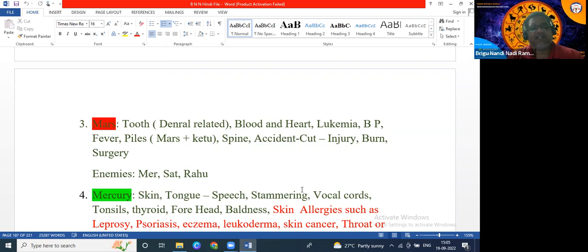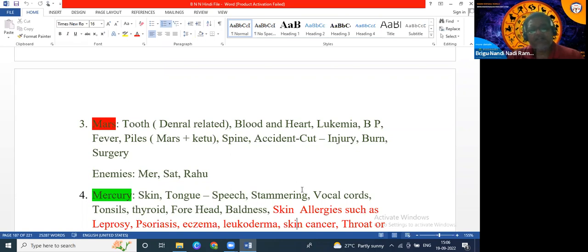If Mars is conjoined with the extra growth governing planet Ketu, or private part governing planet Ketu, when Mars and Ketu are together, piles, fistula, hemorrhoids, such health disorders the native will get. And Mars is the spine, so spine related problems.